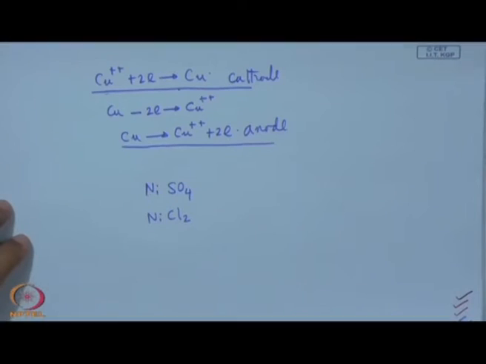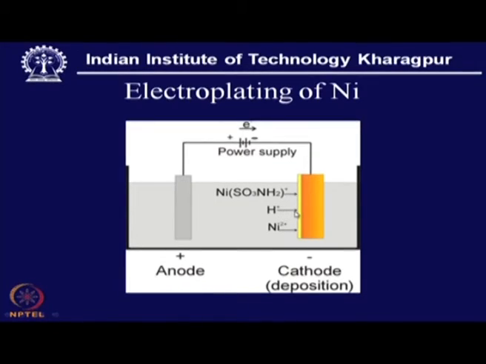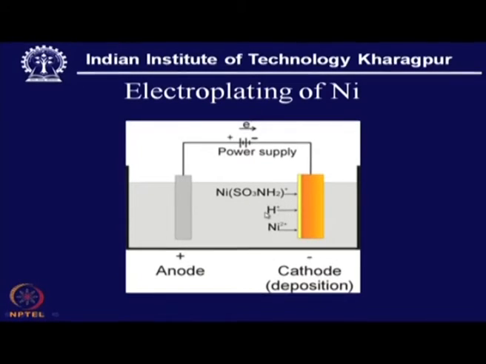Now, one thing we cannot ignore is that because of this we have H2O, and that will be split into hydroxyl ion, which is negative, and hydrogen ion, which will be positive. Now, this hydrogen can create some kind of problem in the coating of nickel. The reason is as follows. Along with this nickel ion, hydrogen will also collect here, and this hydrogen can be trapped at this point.